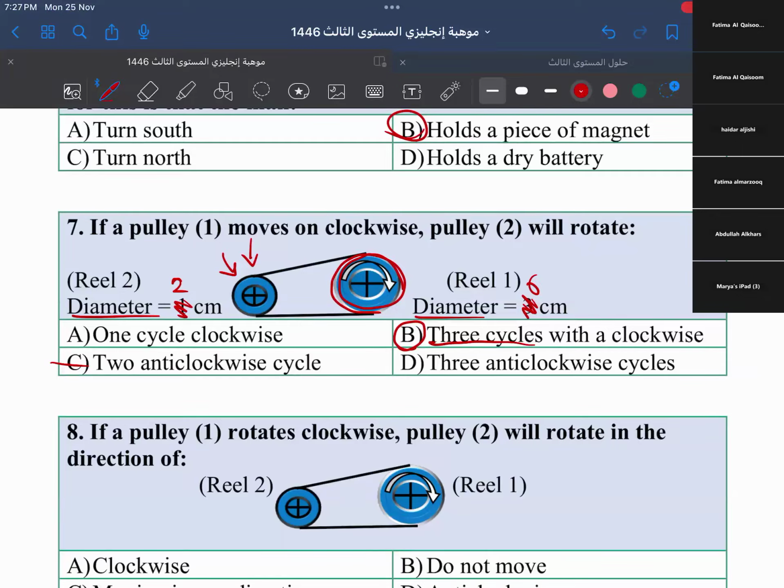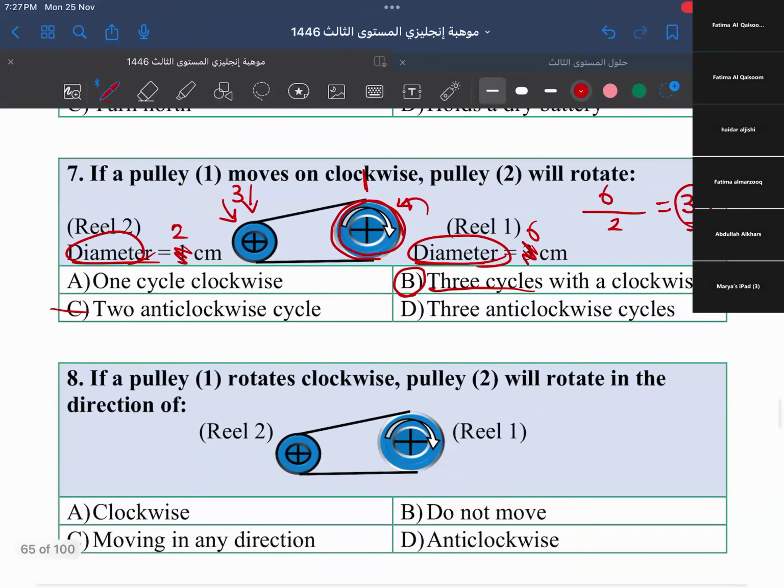I'm just taking the diameter of the big one, which is 6, over the diameter of the small one, which is 2. So I'm going to have the same answer, which is 3. You take the ratio and you find the number. For each one cycle here, the small one would have 3 cycles. Okay, thank you. You're welcome.